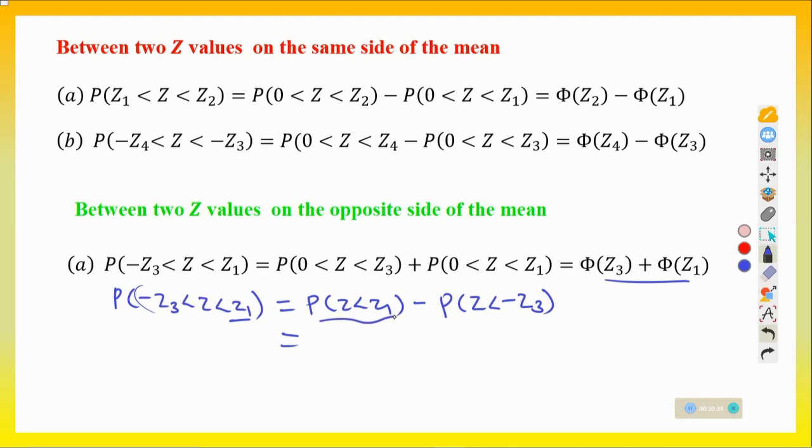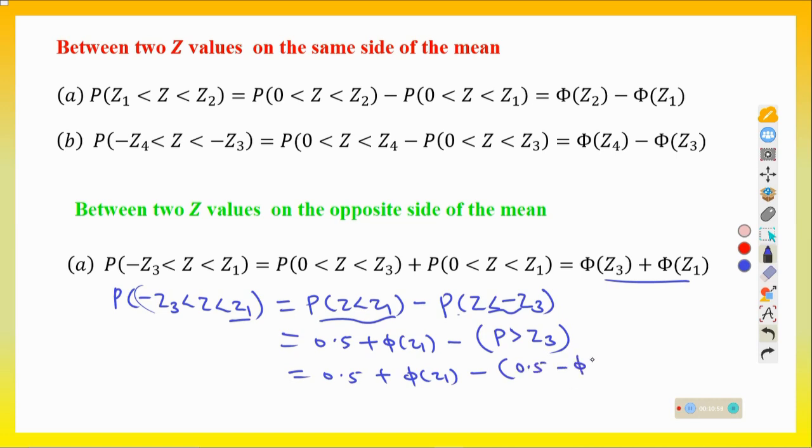So from our manipulation, this is 0.5 plus, if it is less than, the table reading of z1, minus, then this one here, before we do anything, we need to change. This is a minus, so this will be greater than z3. So we shall have 0.5 plus the table reading of z1 minus, this is greater, so it becomes 0.5 minus the table reading of z3. So that is what we have.